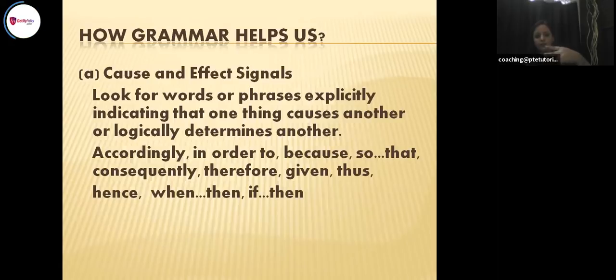And what can that connection be here? Number one is cause and effect. First, we always give the cause. Okay, we have one problem, then this is the cause of that problem. Then if this happens, then what will happen? Now see the last words, if, then.